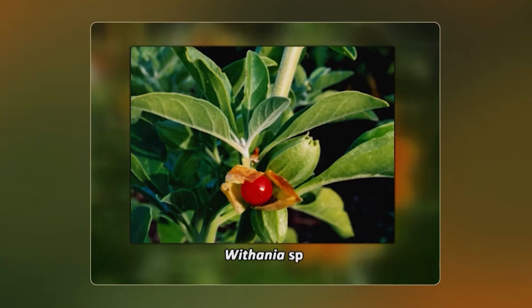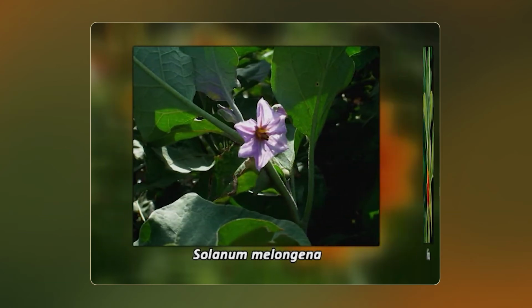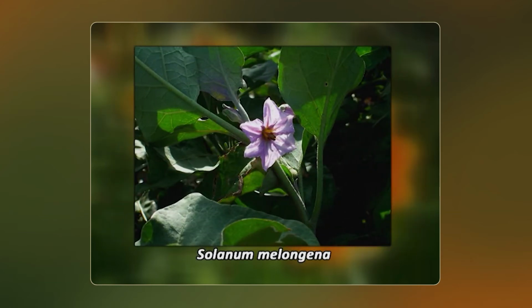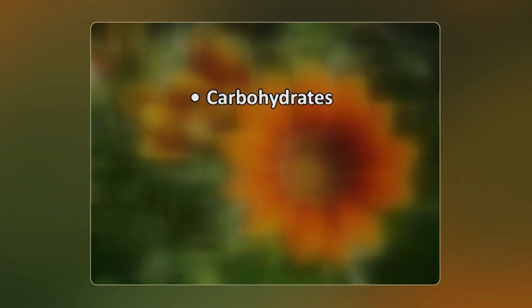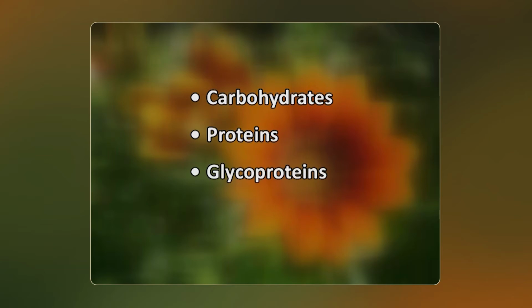The transmitting tissue varies in its complexity and may be either single stranded as in Withania or multi-stranded as in Solanum melongena. The cells of the transmitting tissue are highly thick walled, with intercellular spaces having secretions rich in carbohydrates, proteins, glycoproteins and some enzymes.